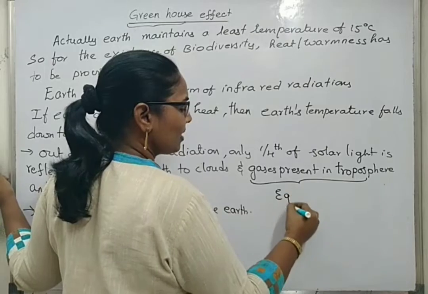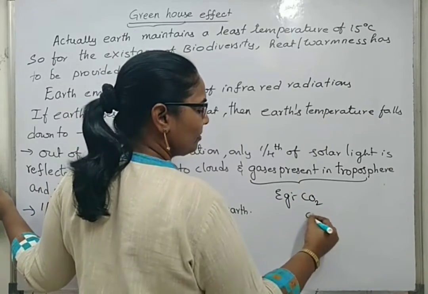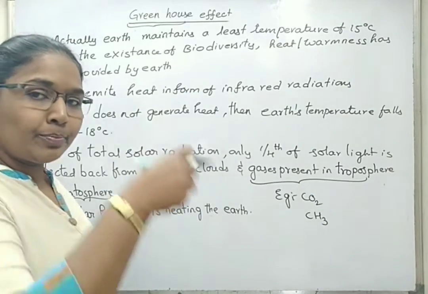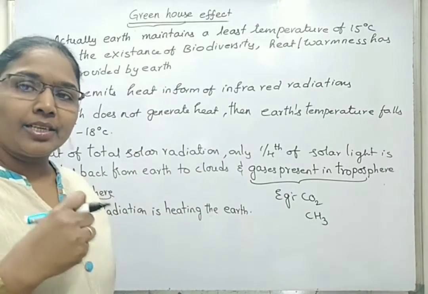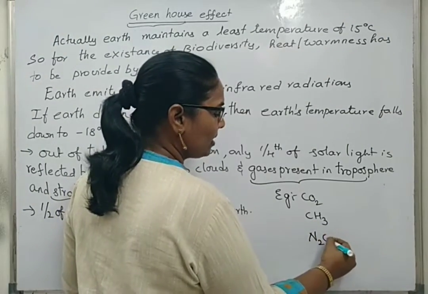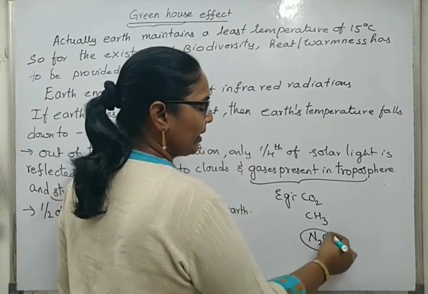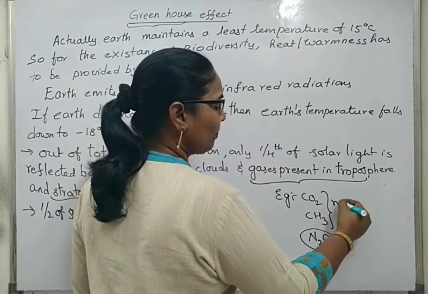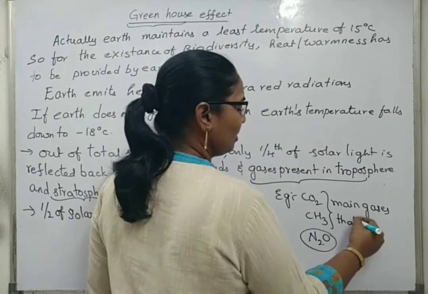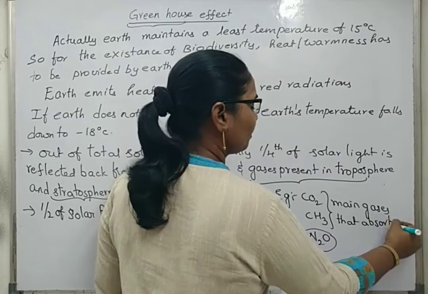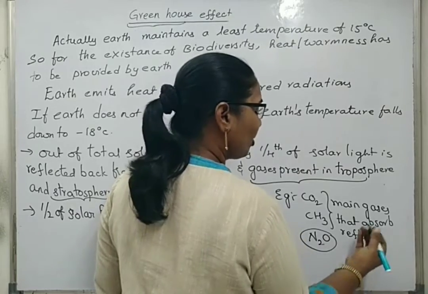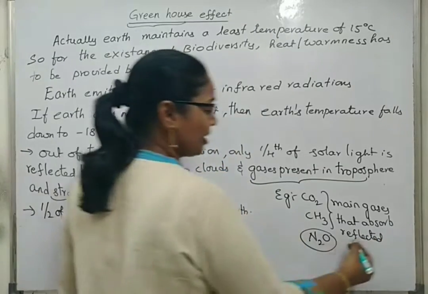Examples of those gases are carbon dioxide and methane. These are gases that absorb the heat or light reflected from the earth. Another one is nitrous oxide, N2O, which is present in very small amounts. These are the main gases that absorb reflected heat, or reflected infrared radiation.